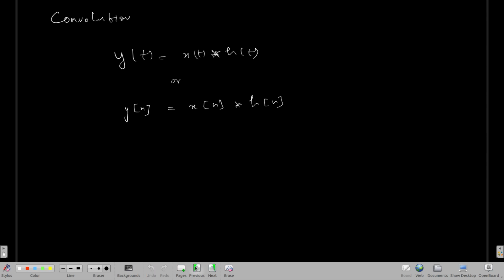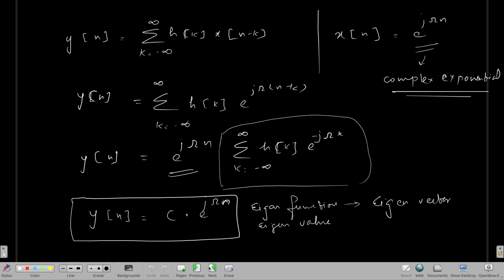So till now what have we established? We have established that starting from the convolution property, for LTI systems we have an eigenfunction, and that eigenfunction is the complex exponential.